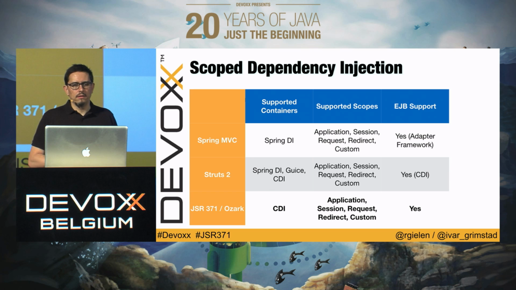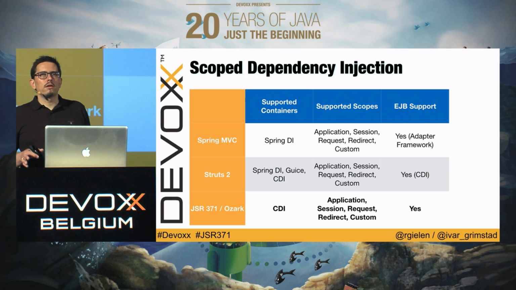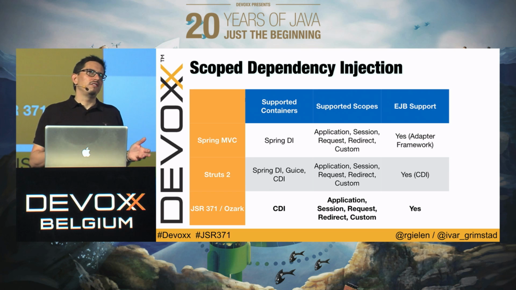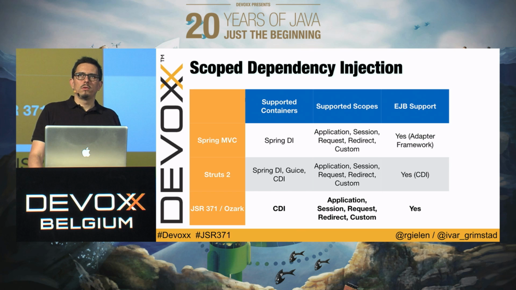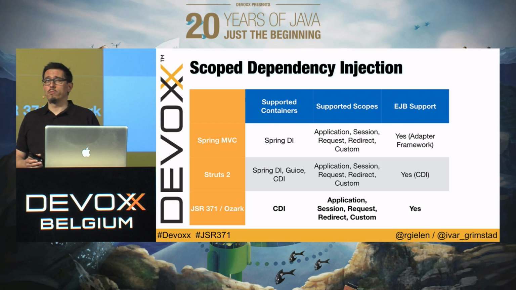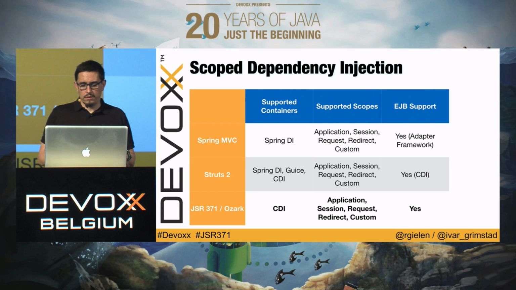So basically, you get another kind of dependency injection if you come from another framework, but that's not too bad. And all the nice stuff you would expect from dependency injectors, you will get even in JSR 371, which is also the scoped beans.